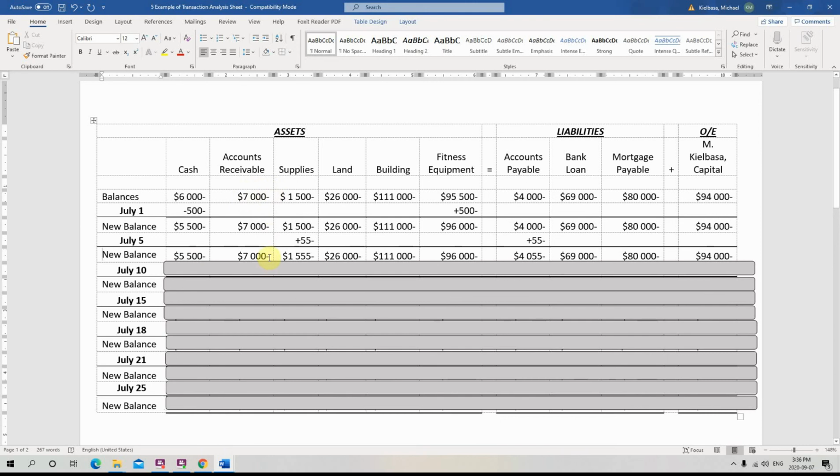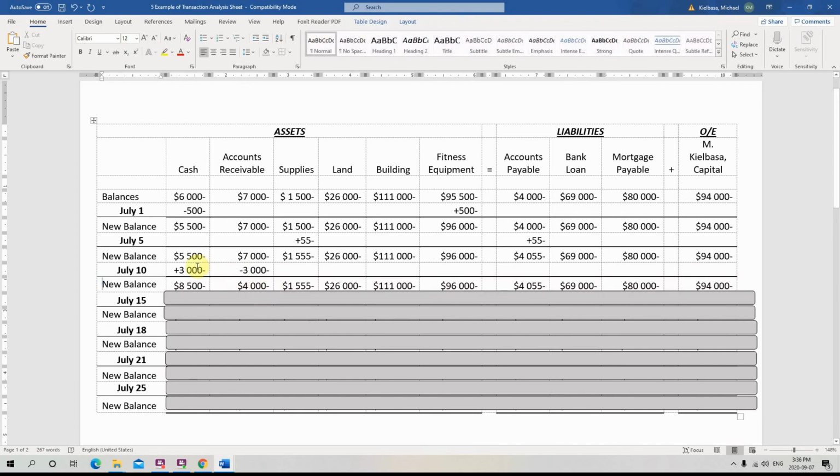So if debtors pay us $3,000, they owe us less money. So accounts receivable is going to go down $3,000. So cash goes up and accounts receivable goes down, and we come up with new balances again.